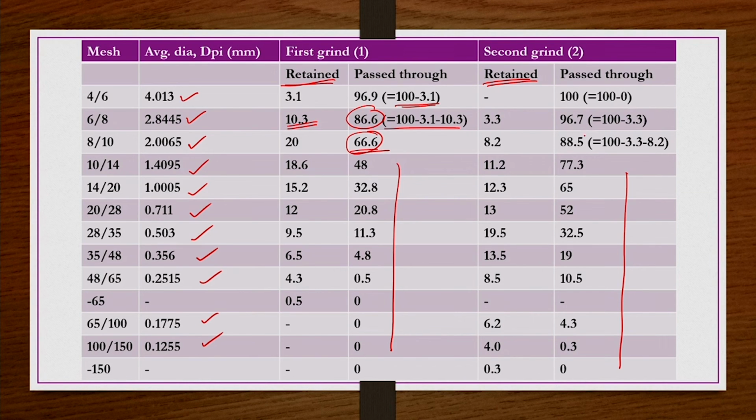Next case, only 3.3 is retained on 6 mesh, that means 100 minus 3.3, that is 96.7% of material is passing through the 6 mesh.